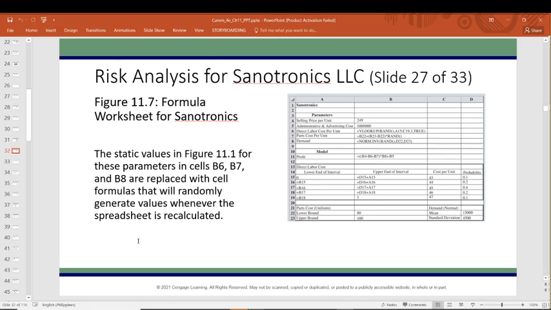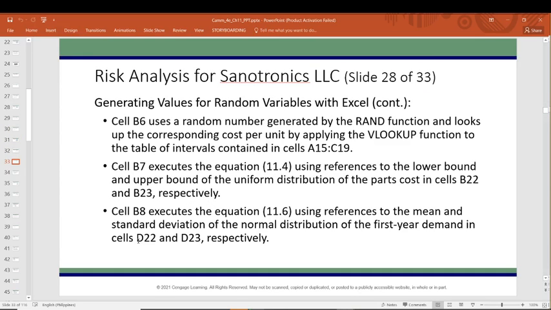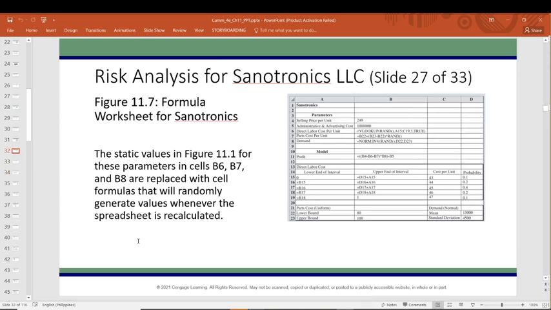And B8 executes the equation of 11.6 using the references to the mean and standard deviation of the normal distribution for the first year demand in cells D22 and D23.